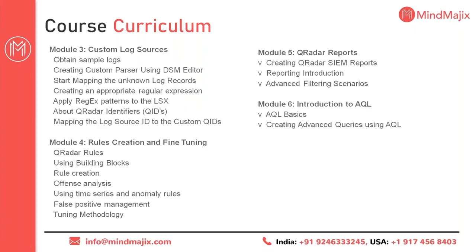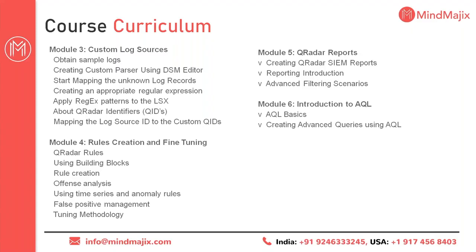So next is custom log sources. In this custom log sources, we will use the IBM QRadar Community Edition. In that community edition, we will connect CentOS 7.5 with the QRadar Community Edition, that is 7.3.3. And then there is proper use of your DSM editor. We will create that in practical sessions also. Next is mapping your unknown log records, because we have to normalize all those things.